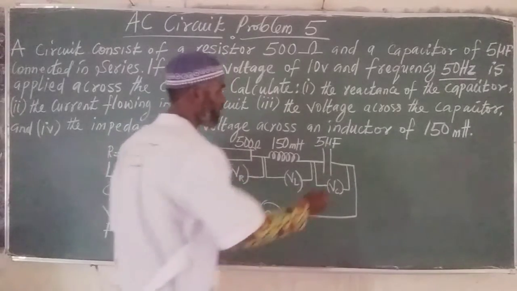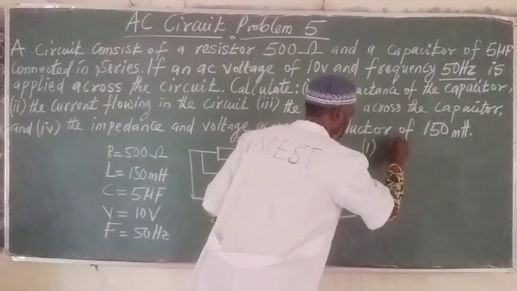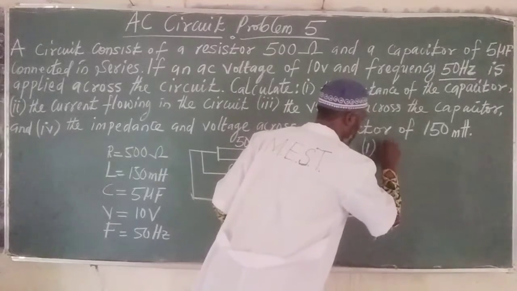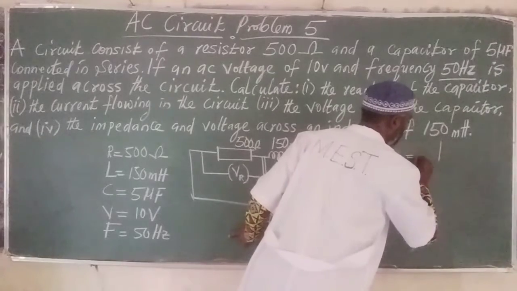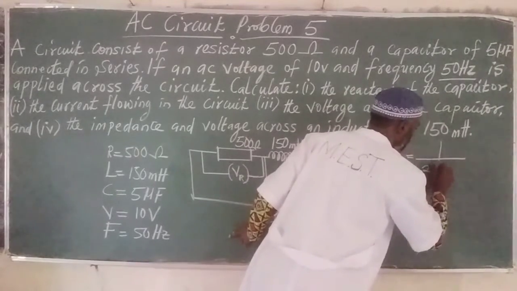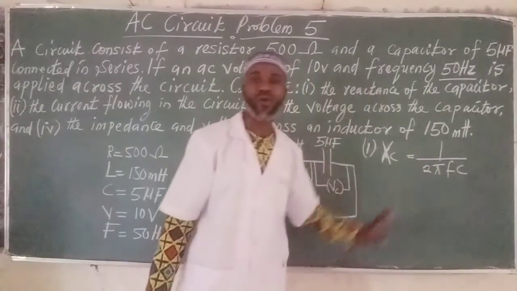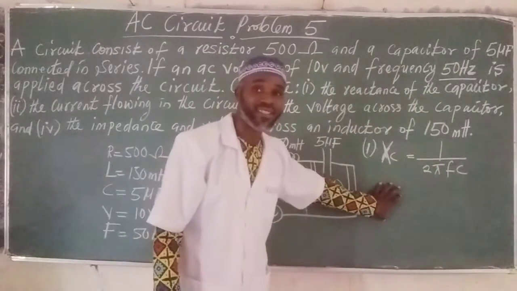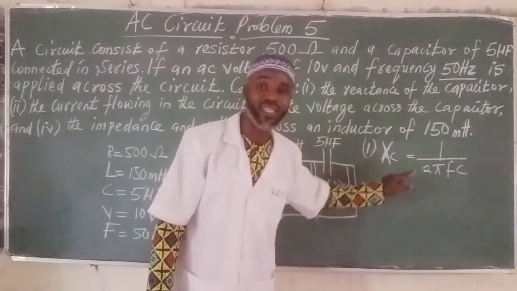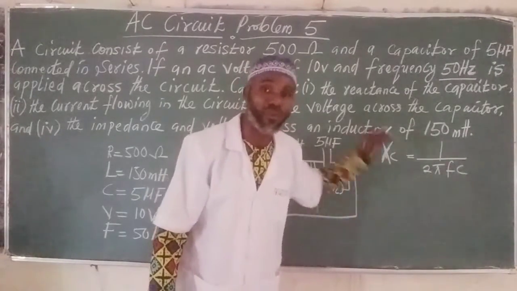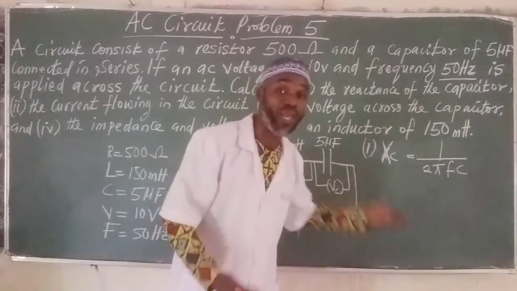The first one is the reactance of the capacitor. It can be calculated by using XC equal to 1 over 2 pi FC. That's the formula we are going to use to calculate the capacitive reactance, or simply put, the reactance of the capacitor.